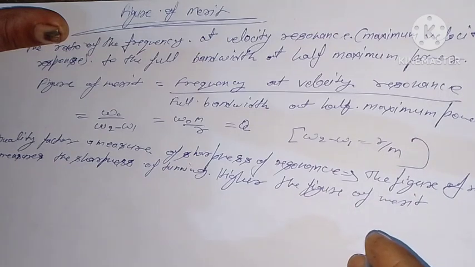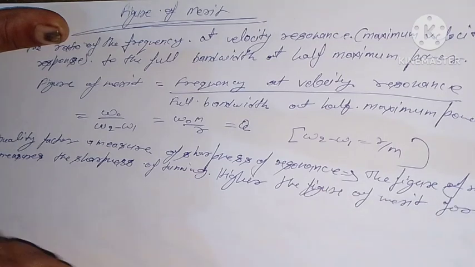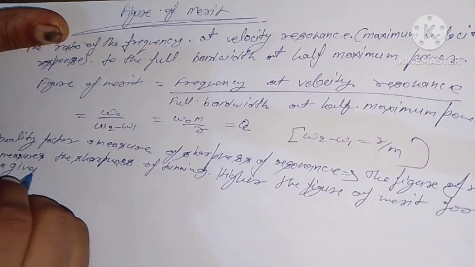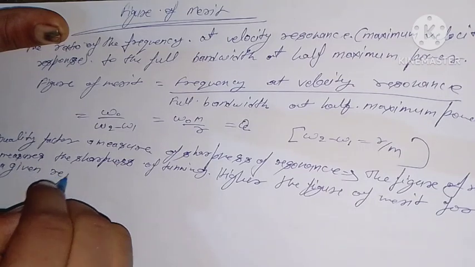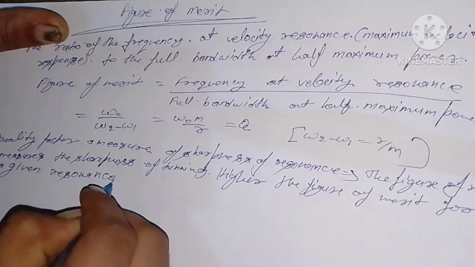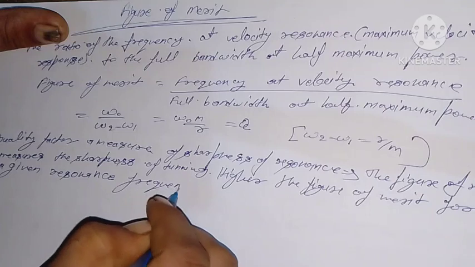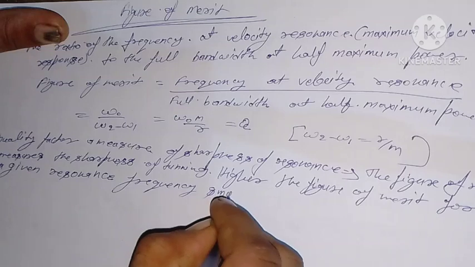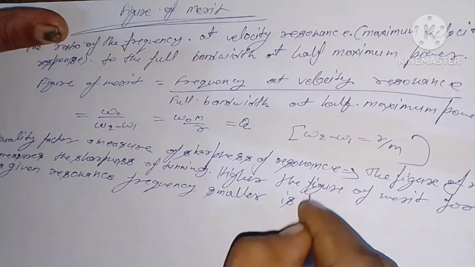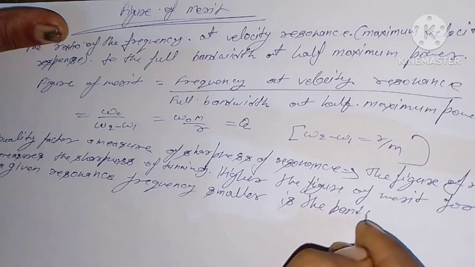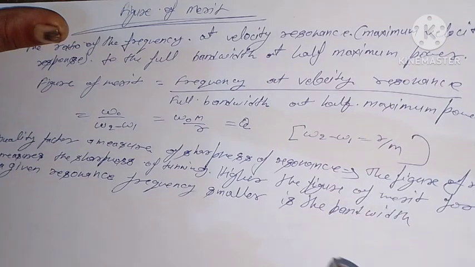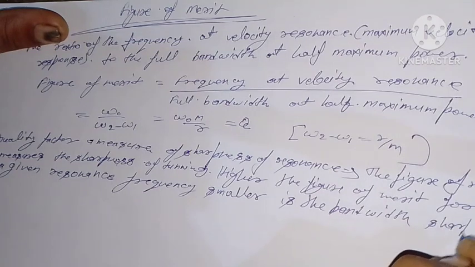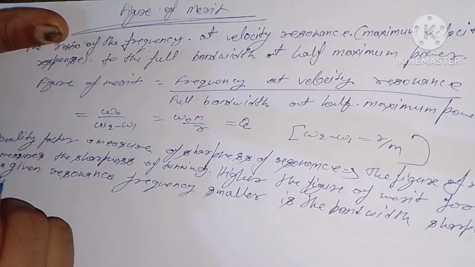Higher the figure of merit for a given resonance frequency, smaller is the bandwidth, sharper is the tuning.